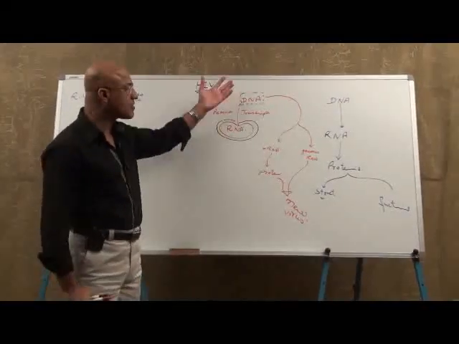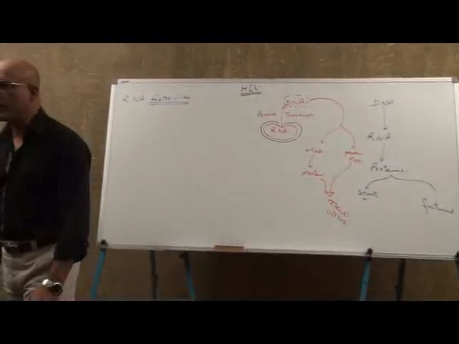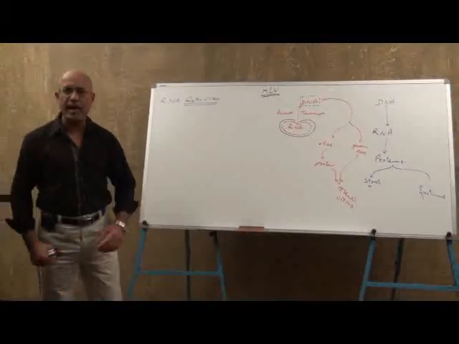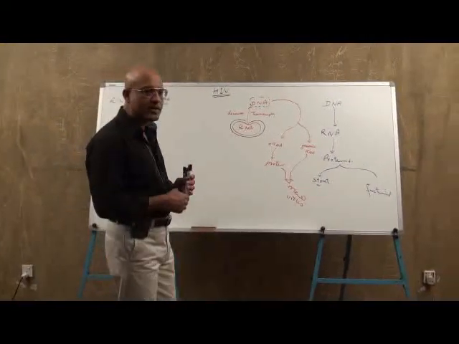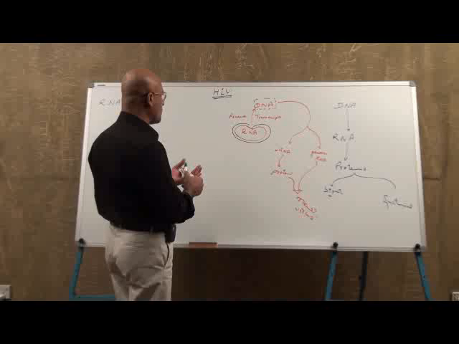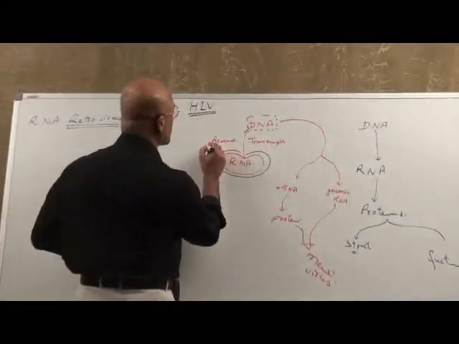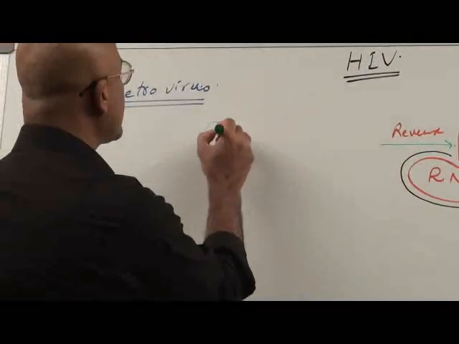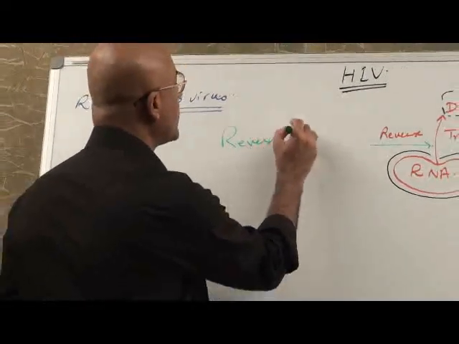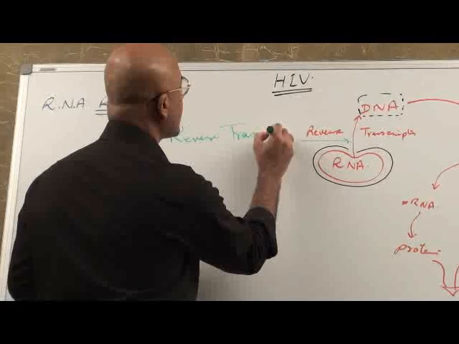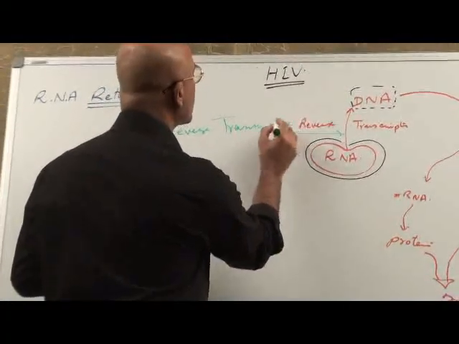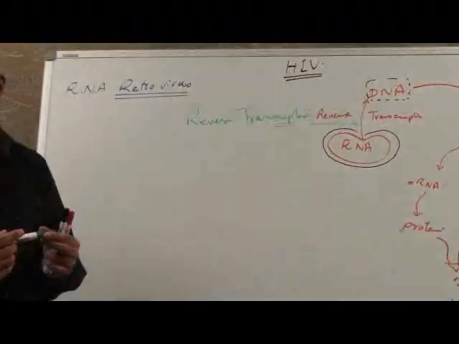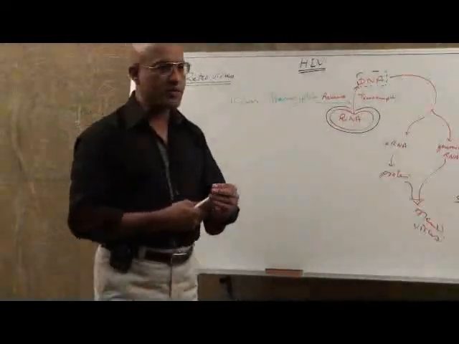And for this reverse transcribing function, we need a unique enzyme, and that enzyme is called reverse transcriptase. Very good. The enzyme which converts RNA into DNA is called reverse transcriptase. And this virus is very, very intelligent.